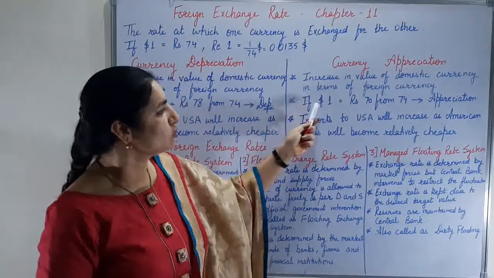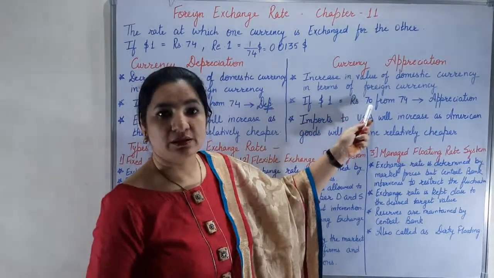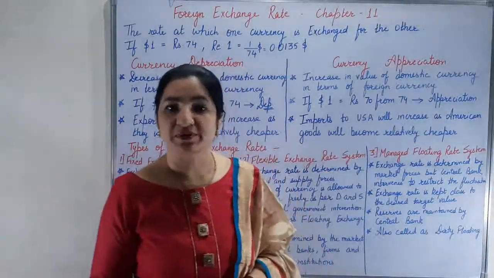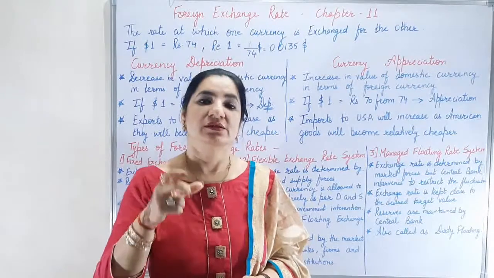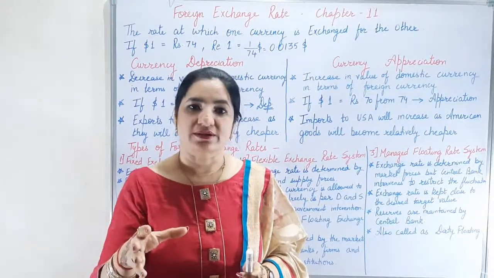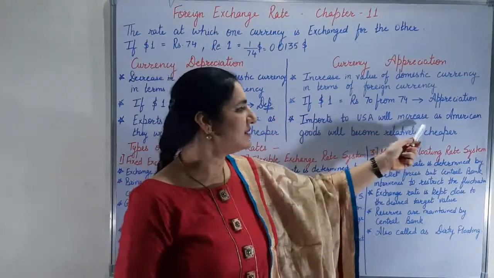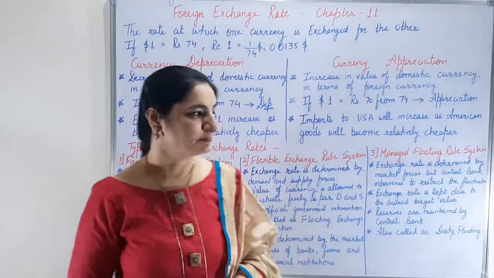So if $1 is equal to 70, earlier the rate was 74. It shows appreciation because if 1 is divided by 70, the value of our currency in context of dollar has increased. So imports from USA will rise as American goods will become relatively cheaper.